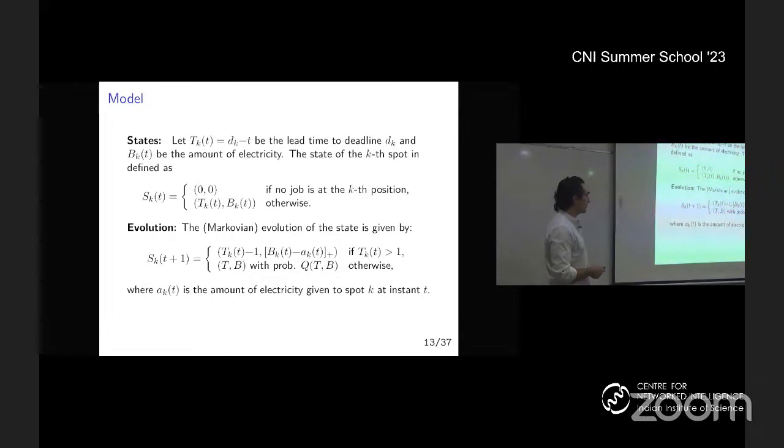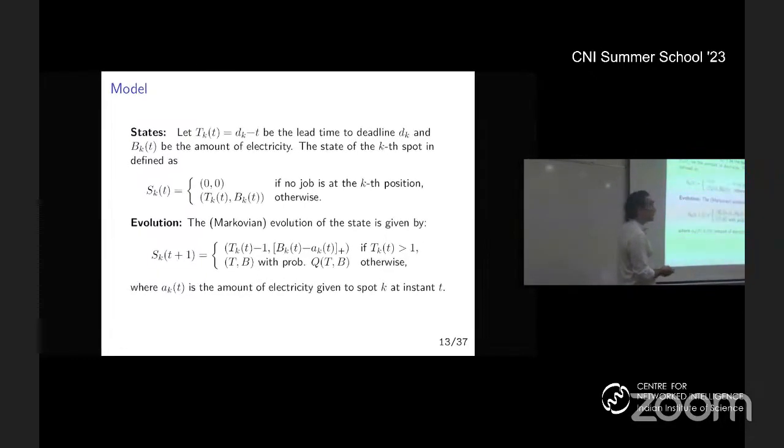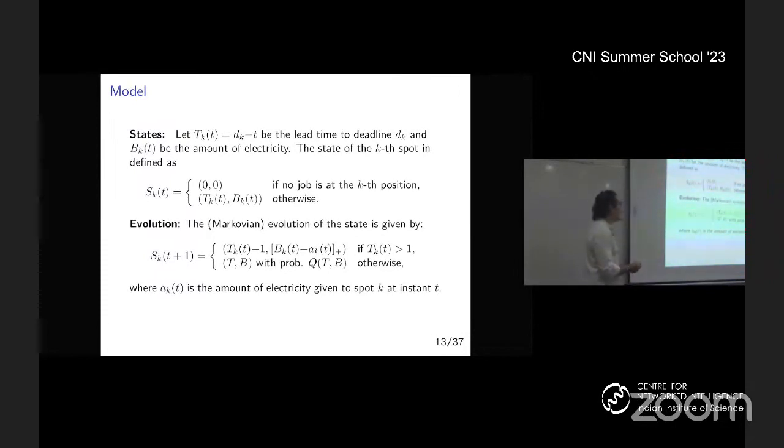And the evolution is quite simple, actually. At t plus 1, your lead time is reducing by 1, so I'm getting closer and closer to the deadline. And then the remaining requirement is equal to the amount of electricity that I need minus whether or not I've been served with a certain amount of electricity. And when you are at (0, 0), when the deadline is 0, there is a certain probability that someone is coming up with a given deadline and a given load.